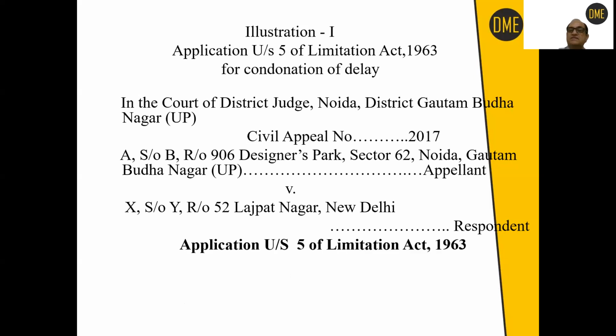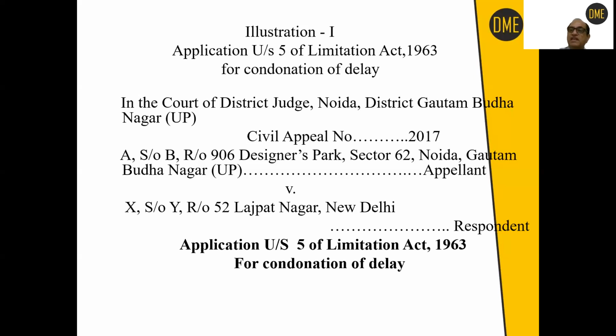Center heading is application under section 5 of Limitation Act 1963. Like you had put a center heading while writing a plaint, and you gave a center heading while drafting WS also, likewise here also you will write down the center heading: application under section 5 of Limitation Act 1963. For what are you filing this application?